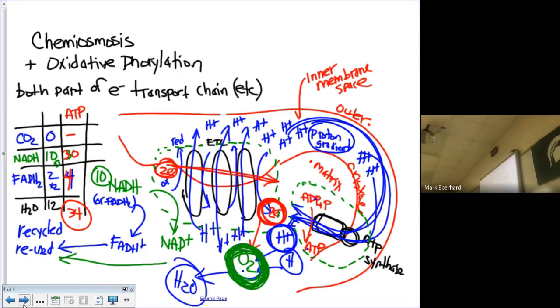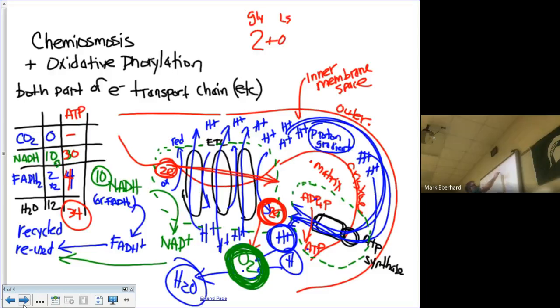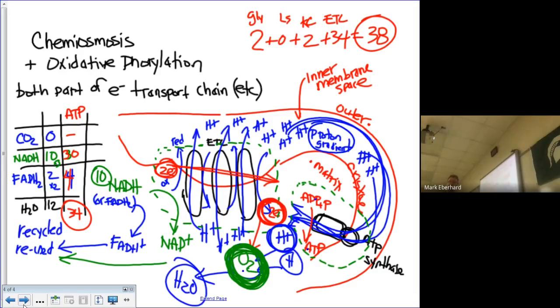So in the final overall process, I've got 2 from glycolysis. Call that the link step. I have 0 from the link step. I have 2 from the Krebs cycle. And I have approximately 34 from the electron transport chain. So on average, a typical human is going to produce about 38 ATP per glucose.